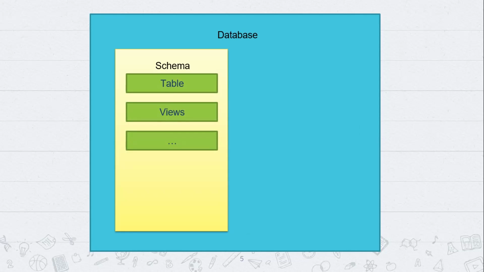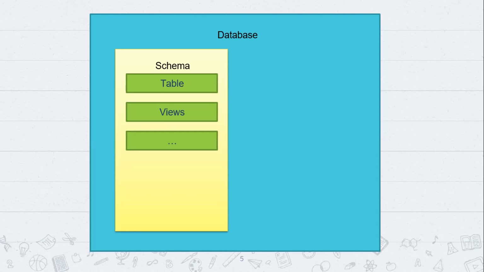You come to the room. The room is the database. In the room there is a big cupboard. That is the schema. In that cupboard, there are a lot of files available. Those are tables, views and other things.